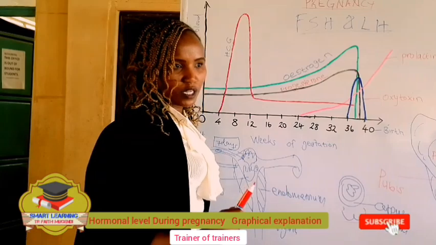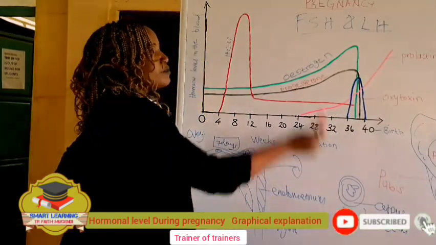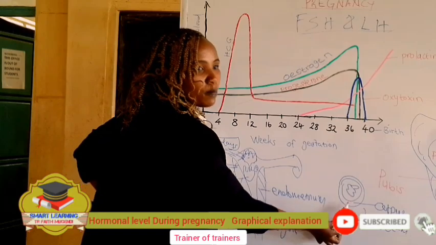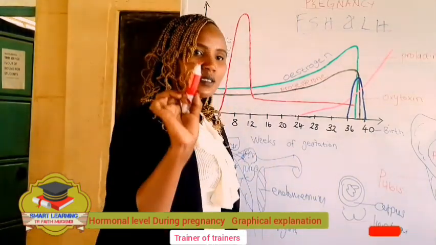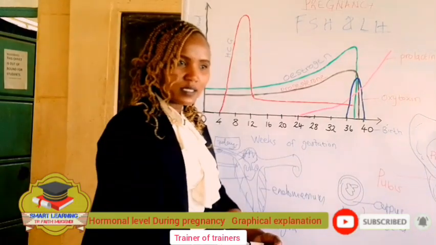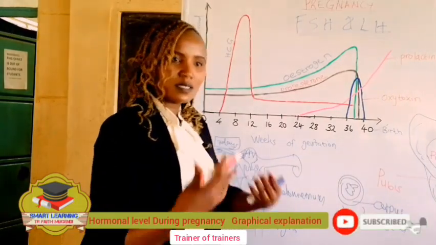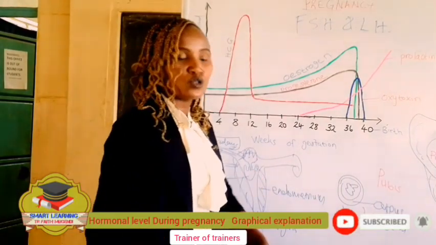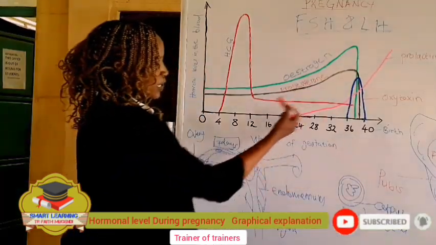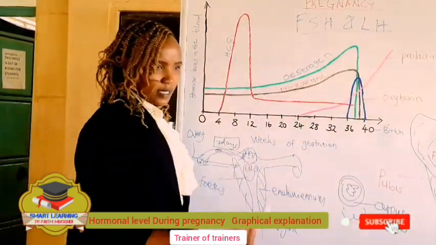Are we together to that point? So, because this one has declined, it means the corpus luteum is not sustained, and therefore it regresses. To regress is to disintegrate, is also to die or to disappear. Okay? Because now its role has been taken up by the placenta.